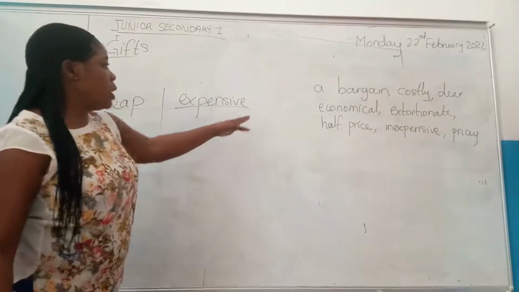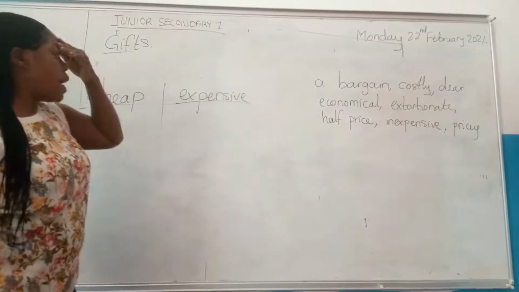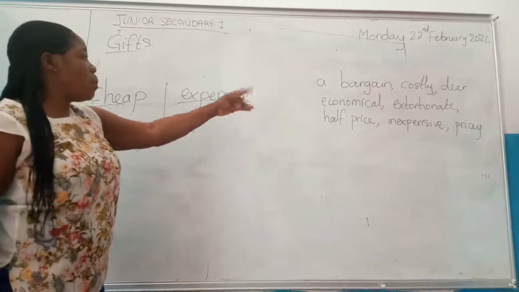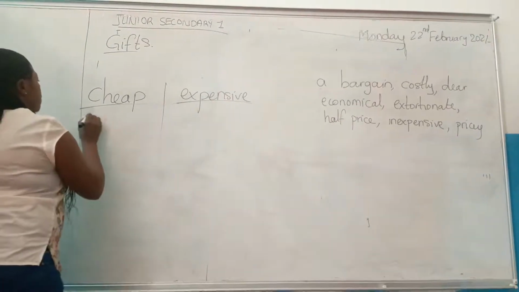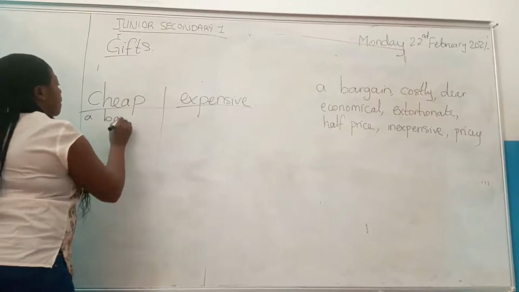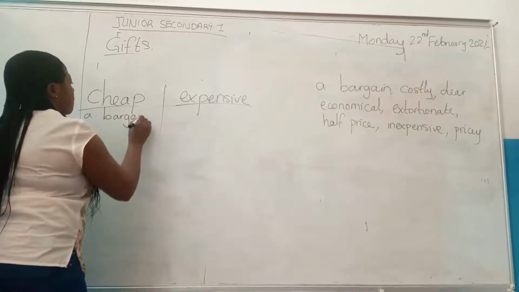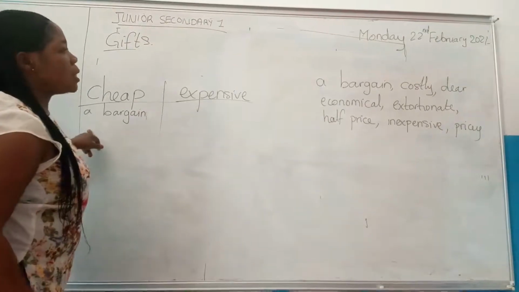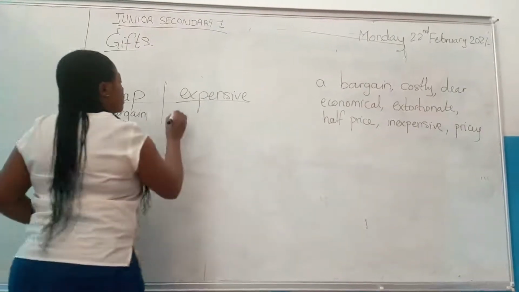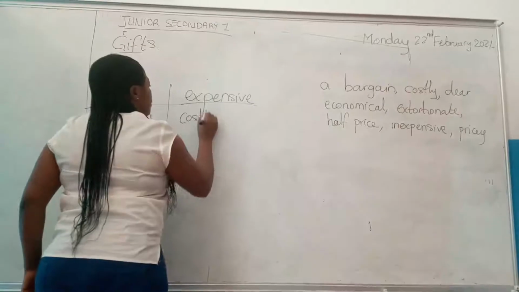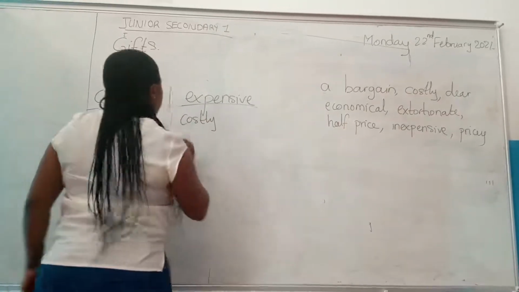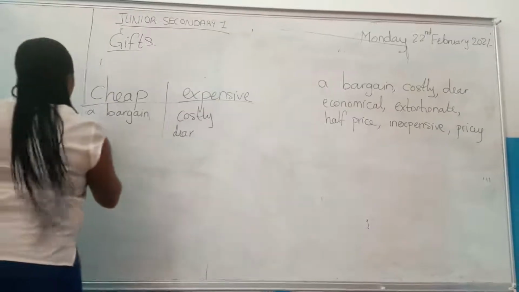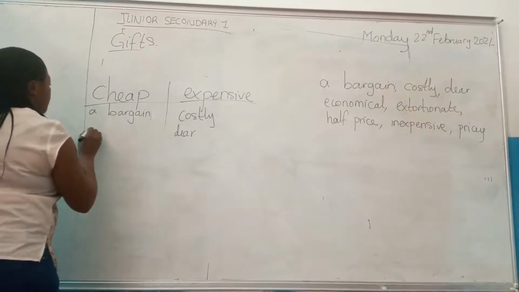The first one is a bargain. When you are bargaining for something, it means you want to take that thing at a cheaper price. So a bargain falls under cheap. Costly means expensive. Dear, expensive. Economical means less expensive.